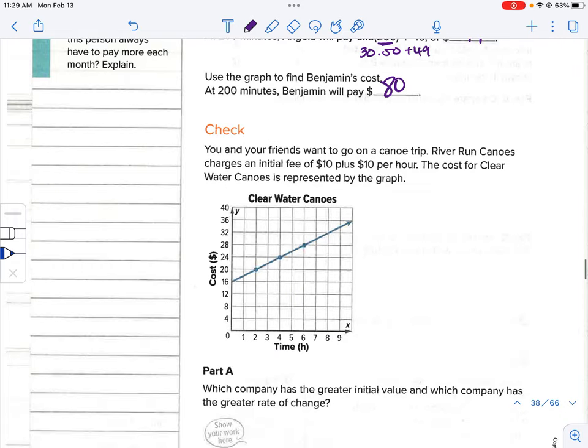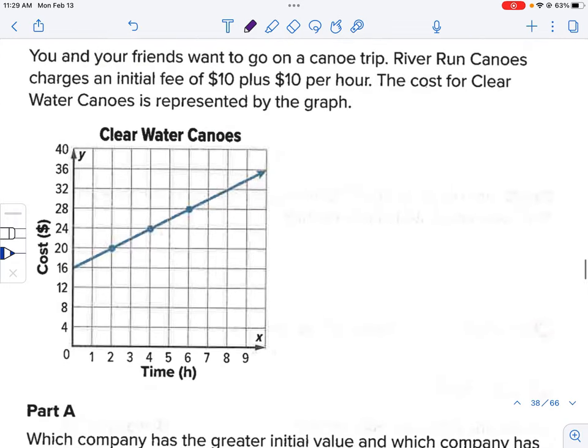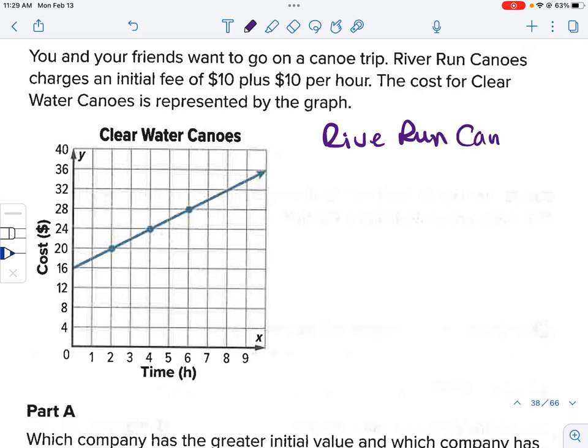So next one. Okay. Says you and your friends go on a canoe trip, River Run Canoes. Okay, so River Run Canoes has an initial fee of $10, and then they have $10 per hour.